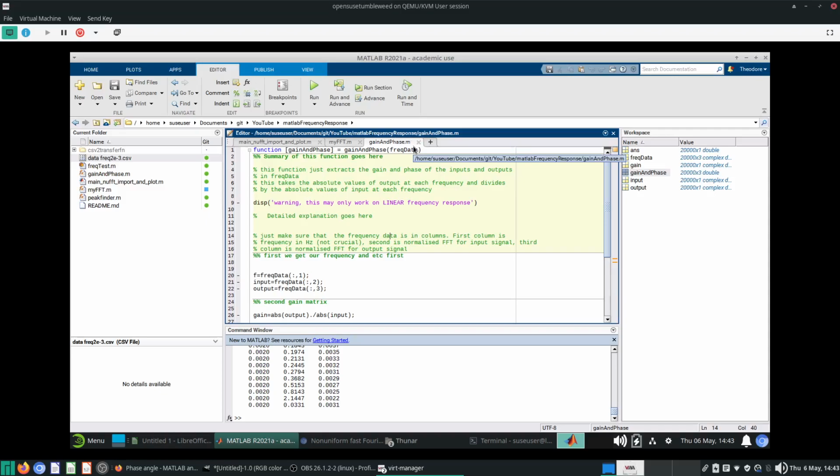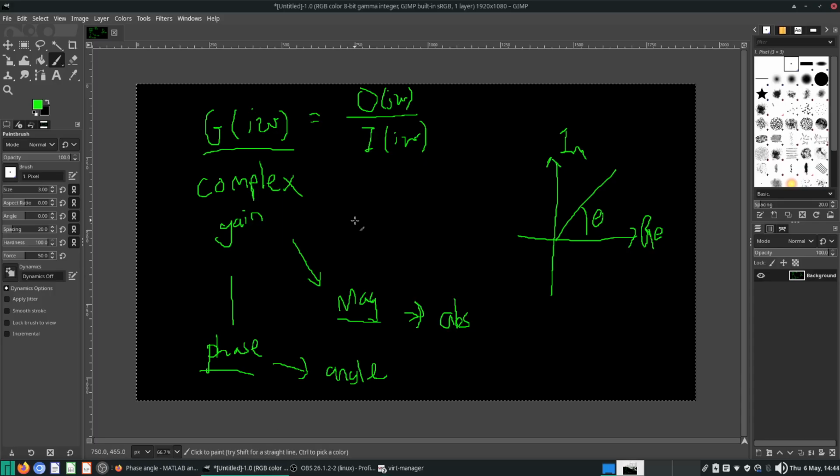If you want to find the gain and phase of your Fourier transform data, that's how you would do it. But you have to always know what your input frequencies are.